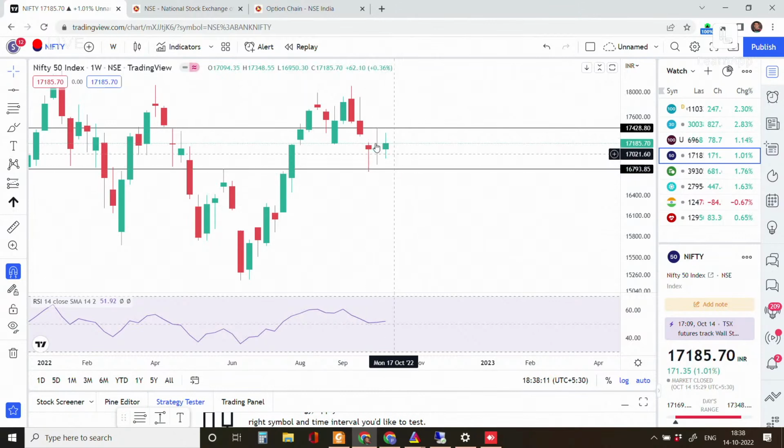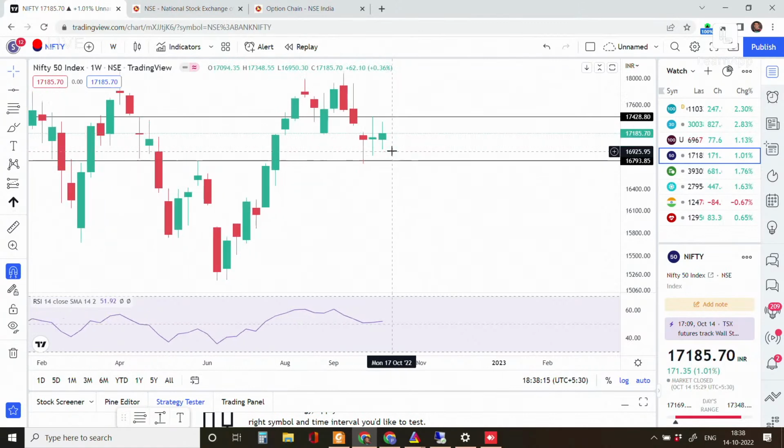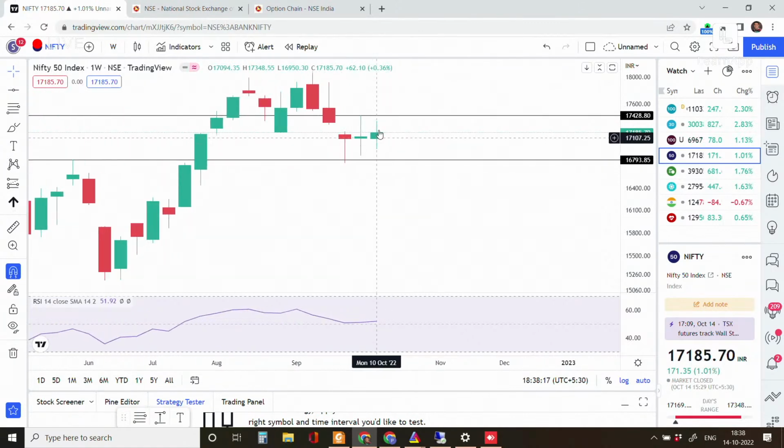These levels have not been broken yet. Number one. Number two is, this week has ended with a candle which is called an inside day candle. That means the range of this candle is within the range of the previous week's candle. This is a very significant candle, and we might see a move on either side in the coming weeks of Nifty. All right. So this is very important.